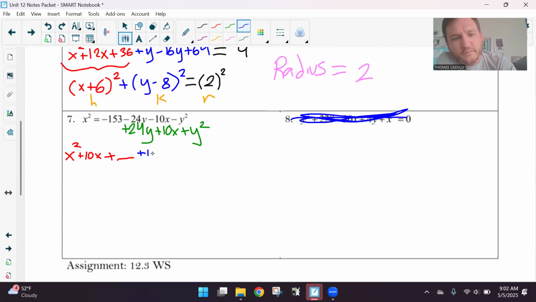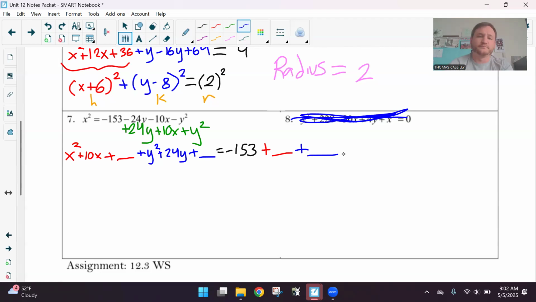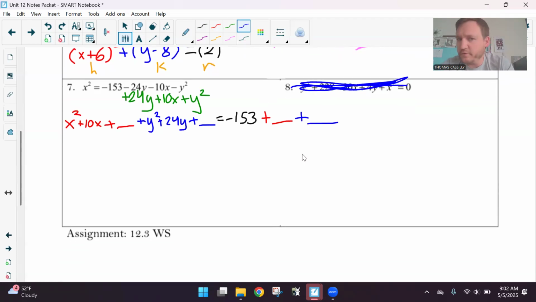So plus y squared plus 24y plus another blank. All right, that equals, we have negative 153, but we have to have our two blanks in there, plus the extra number we're getting from the x's, plus the extra number we're getting off the y's. All right, so that's what our setup looks like.